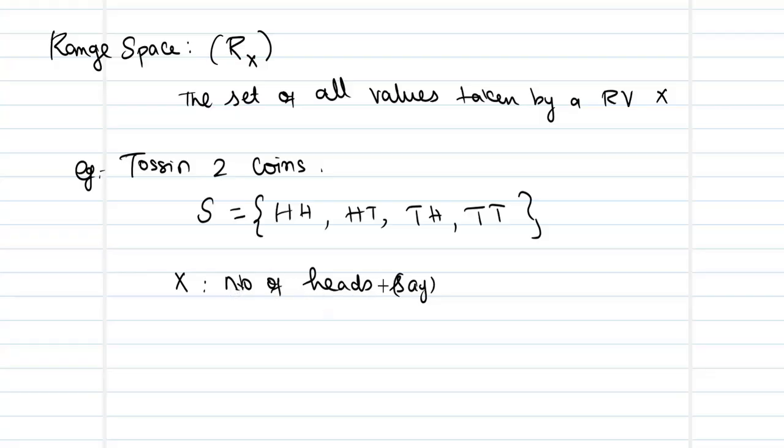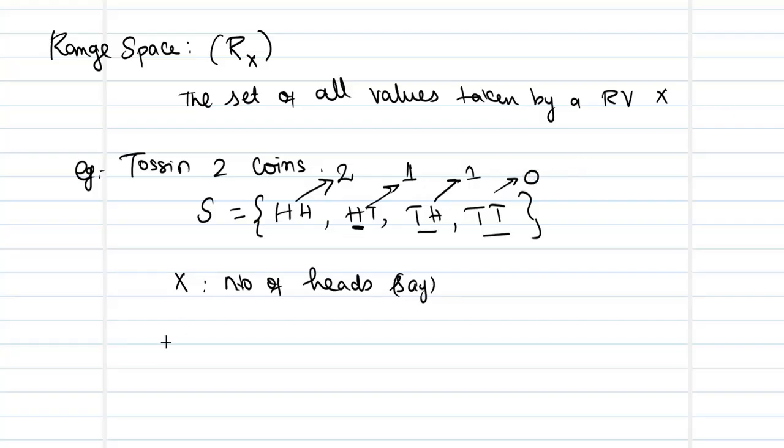The range space will be the number of heads. In the first case, how many heads are present? You have 2 heads. In the second case, you have only 1 head. In the third case, you have 1 head. And in the fourth case, do you have any heads? No, we don't find any heads. So the number of heads is going to be 0.